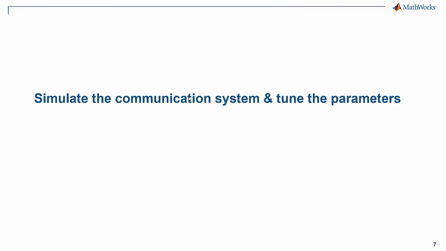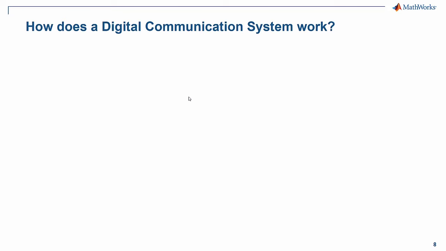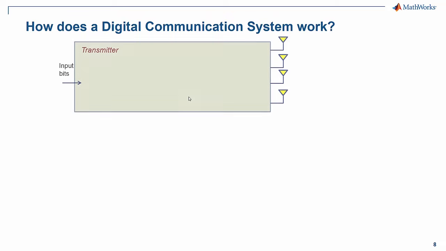Now, before we jump into this, let me briefly introduce you to the digital communication system environment. It consists of a transmitter. In the transmitter, there's lots of things happening. Say, for example, if you're transmitting a voice signal, that voice signal then converts to bits. There are lots of other things like channel coding, modulation.